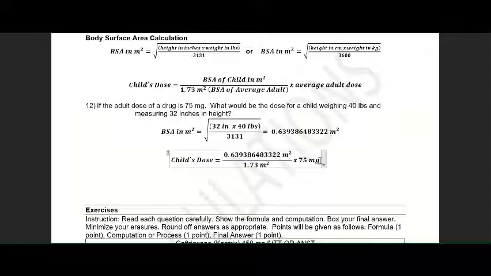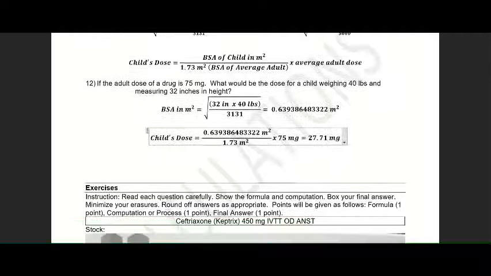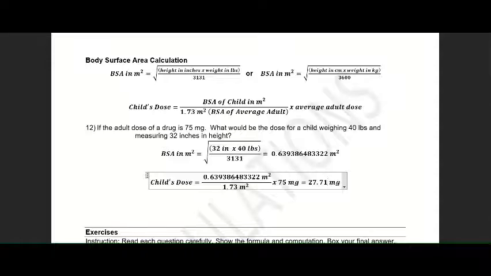There you get 27.71. In that case, that will be 27.71 milligrams. It asks for dose, so milligrams is the answer, 27.71 milligrams, since we're referring to the dose.